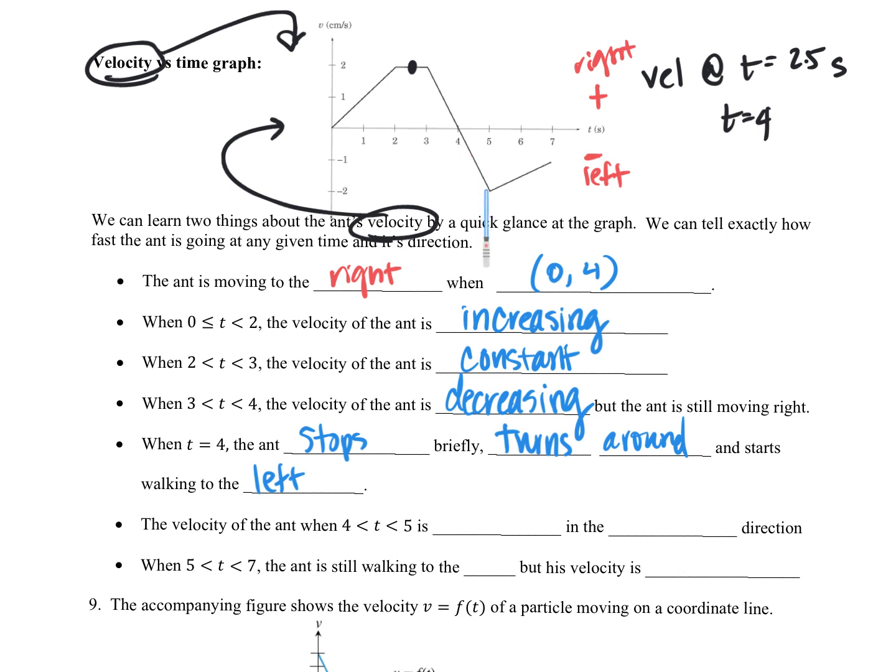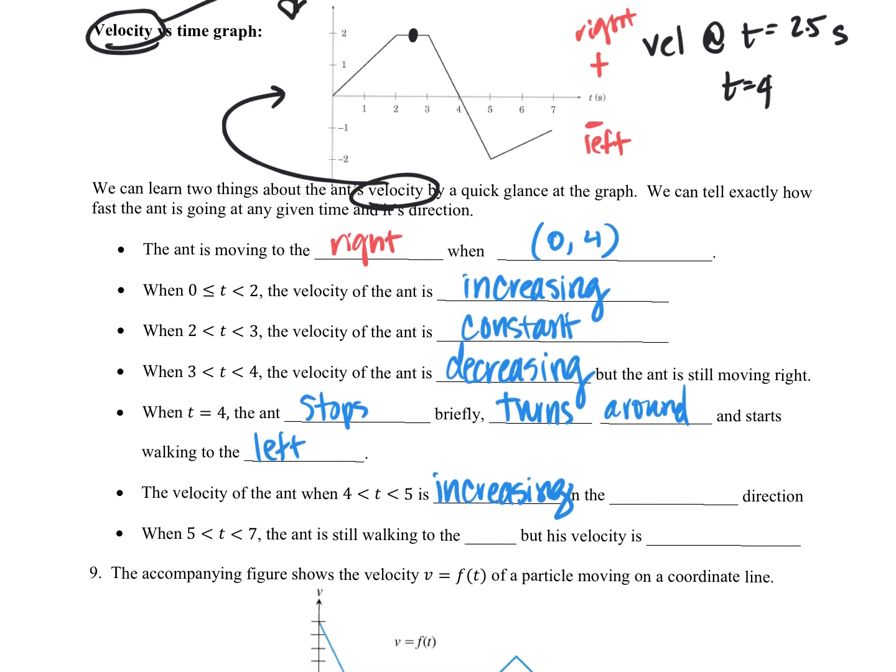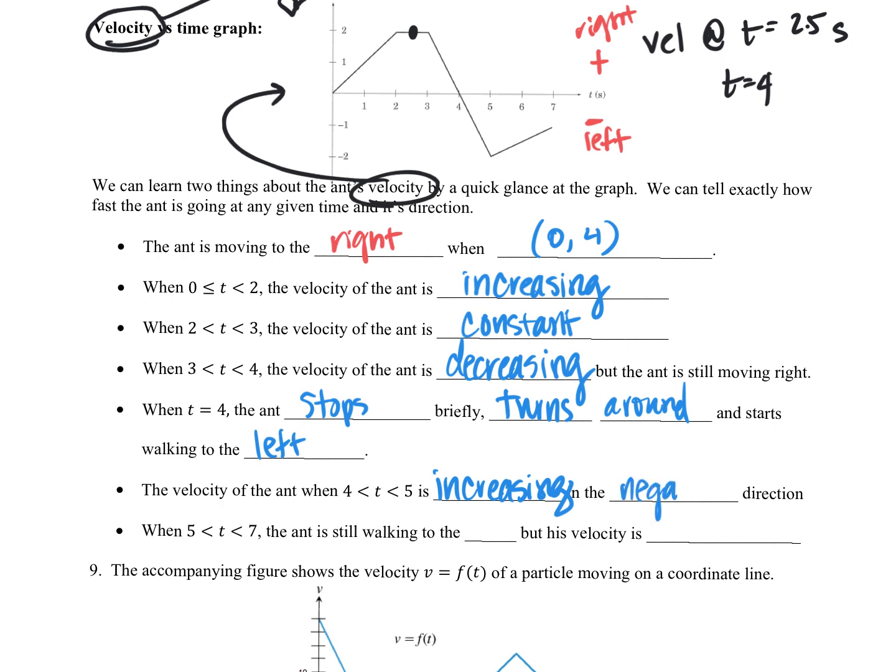It is increasing. People have a hard time seeing that because they're like, wait, it's going more negative. I agree. It's just letting you know it's going faster to the left, because here he's going 2 centimeters per second just to the left. So we're going to say it is increasing. You could say INC. AP is okay with that too. In what direction? Left or negative. Either way, I'm good with it.